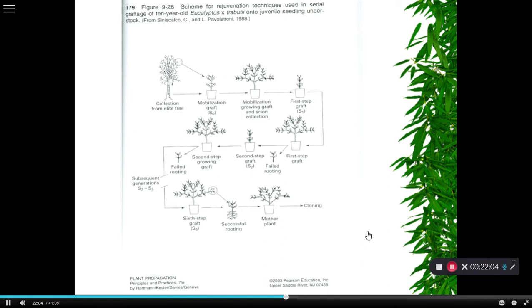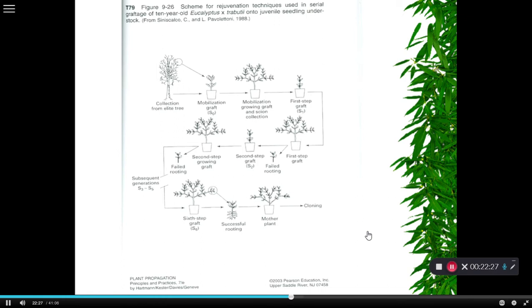So we take cuttings out of the canopy and we graft them onto another eucalyptus, encourage it to grow. It branches. We may pinch it, trim it to encourage rapid growth and branching. And so then we remove a cutting from that canopy and graft it onto another plant, grow it out.